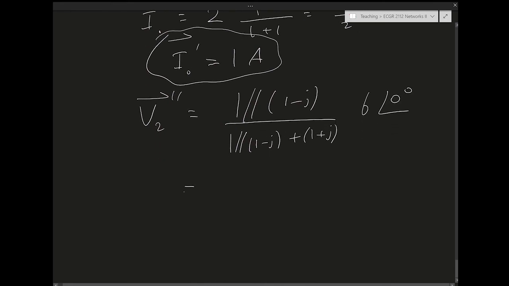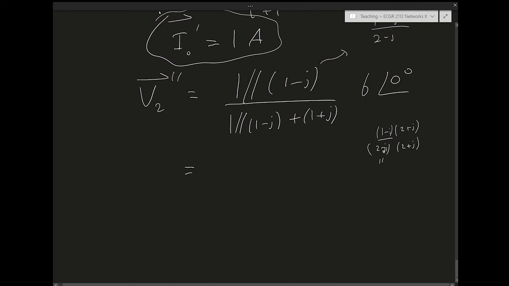Okay, so I can manipulate this. What would this be? This would be 1 minus j, their product over their sum, over 1 minus j plus 1, 2 minus j. So let me do this here: 1 minus j over 2 minus j, times 2 plus j over 2 plus j.